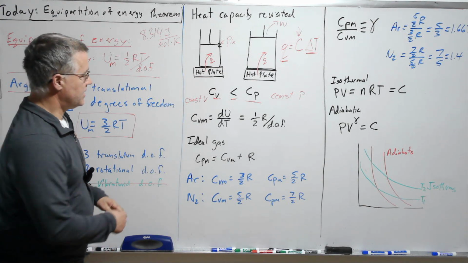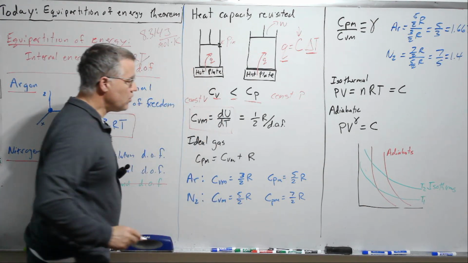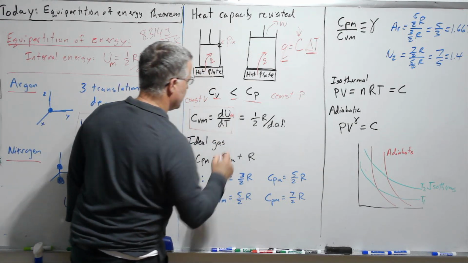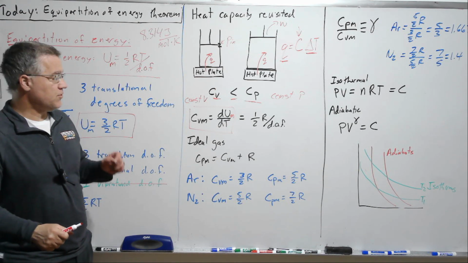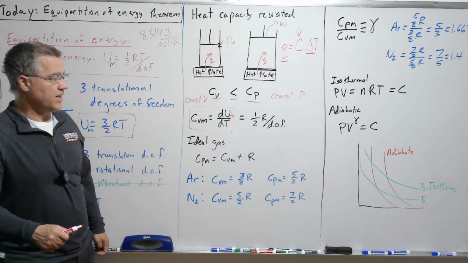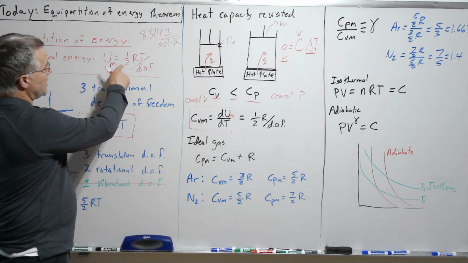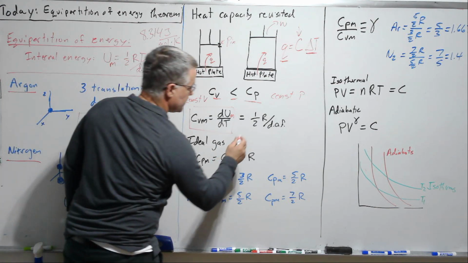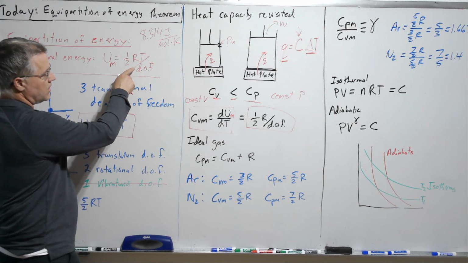and then we'll see what that is for an ideal gas. So the molar heat capacity is the temperature derivative of the internal energy. And so we have now an expression from the equipartition of energy theorem for the molar internal energy. For a heat capacity, it's a pretty simple derivative here.